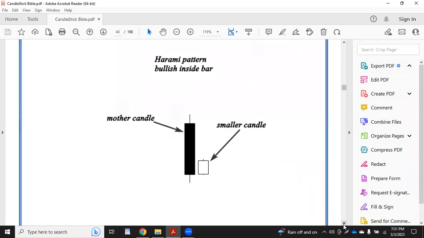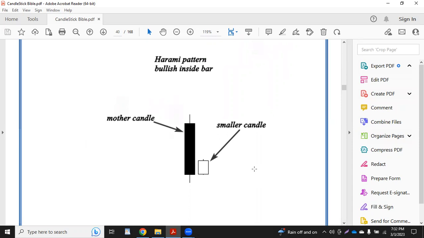Now, when you have identified those and you come to your support and resistance structures, that's when you should be looking for points of entry. And this is where these candlestick patterns come into play and help you get confirmation for either a buy or a sell. Okay, so this one right now is a bullish harami, and it's a Japanese term.